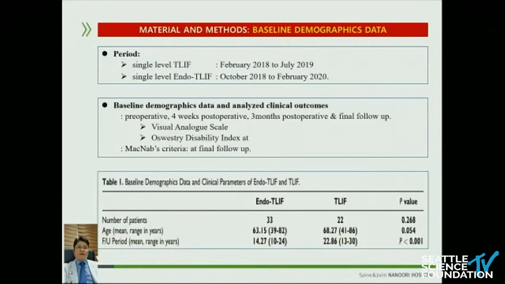This study was conducted in patients with single-level open TLIF and uniportal full endoscopic TLIF from 2018 to 2020. Both ODI and MacNab criteria were evaluated. A total of 33 uniportal full endoscopic TLIF and 22 open TLIF patients were included in this study, with an average follow-up of 1 year or longer.